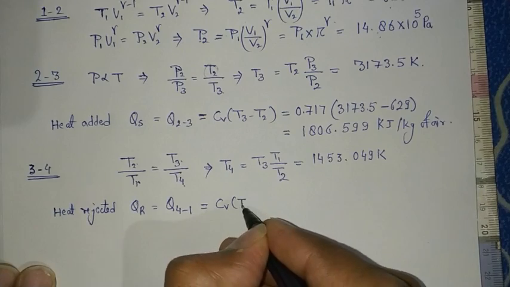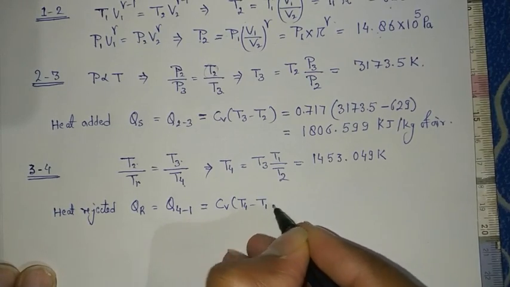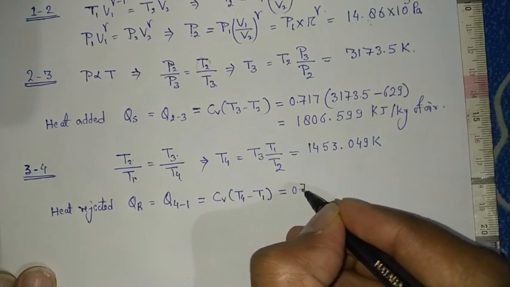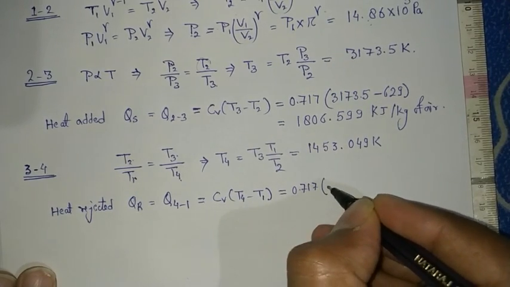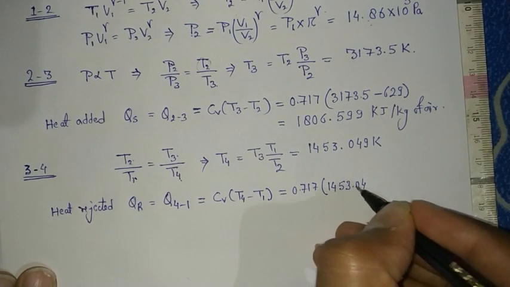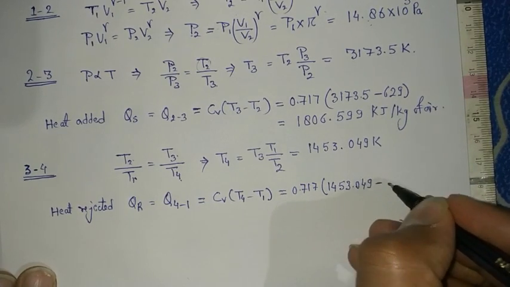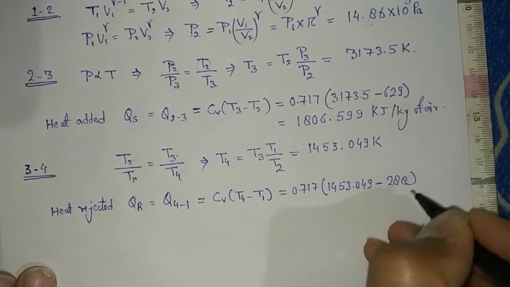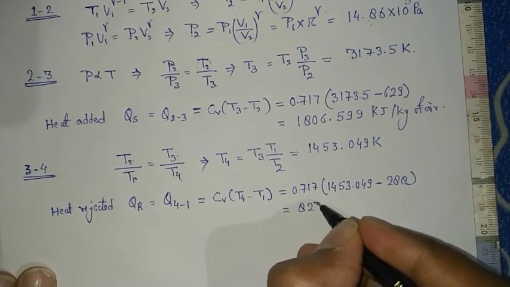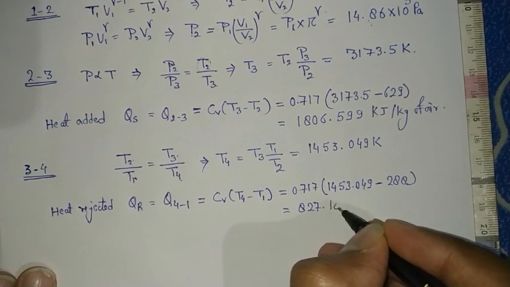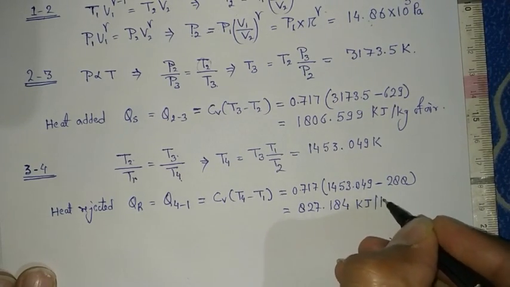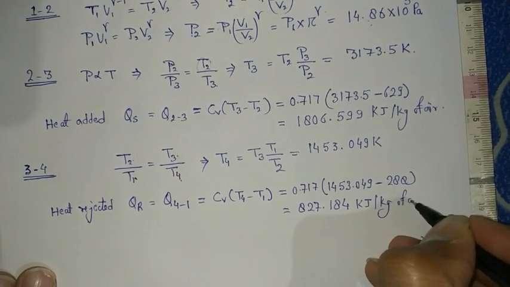CV is equal to 0.717, T4 is 1453.049 minus 288. So it will come 827.184 kilojoule per kg of air.